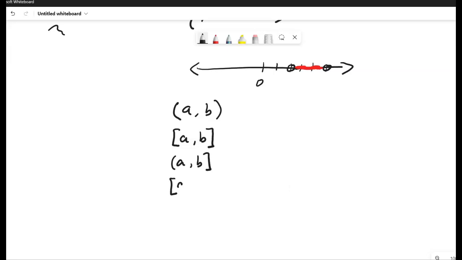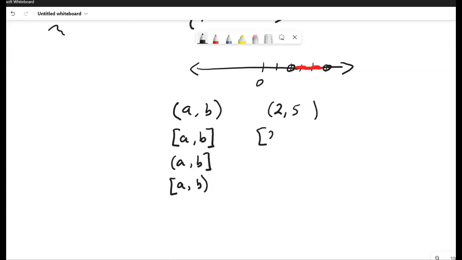Like this, and then some ones with infinity that we'll go into later. But what this means is the round parentheses mean that these endpoints are not included. So this is an open interval, like I showed you above. I included all the numbers between 2 and 5, but not 2 and 5.